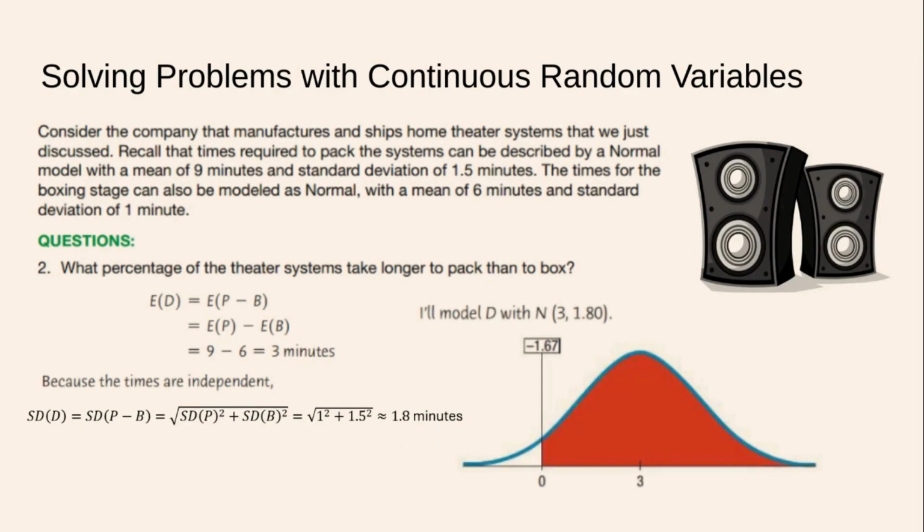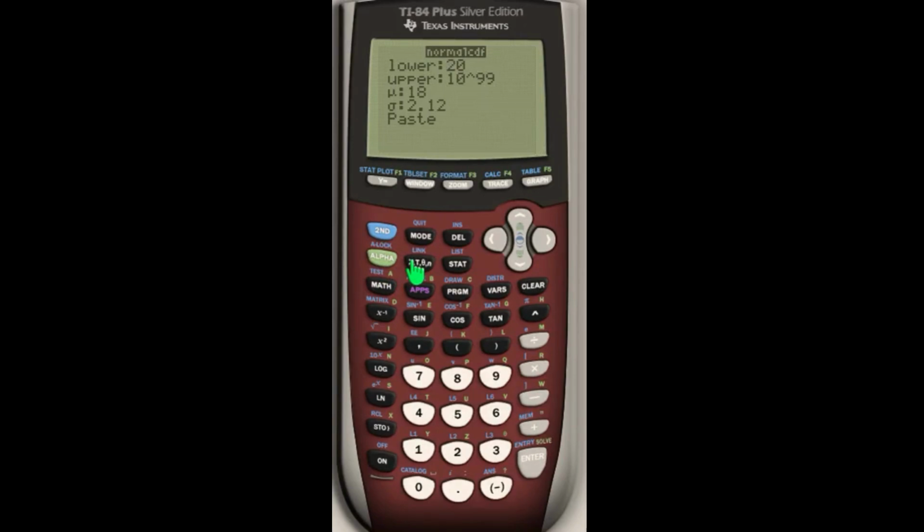Now we're going to go to our normal model again. Our mean is going to be 3, standard deviation is about 1.8, and we want to find the odds that we are above 0. Okay, so here we go. So we're back at the calculator again. Let's get to work. We want to find the odds of, so 0 is our lower boundary.